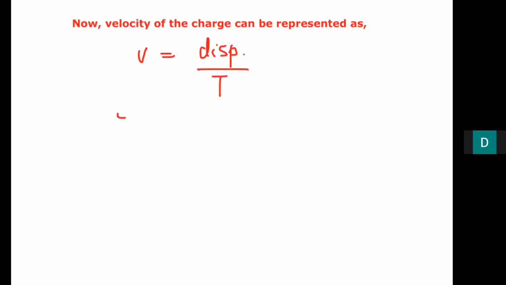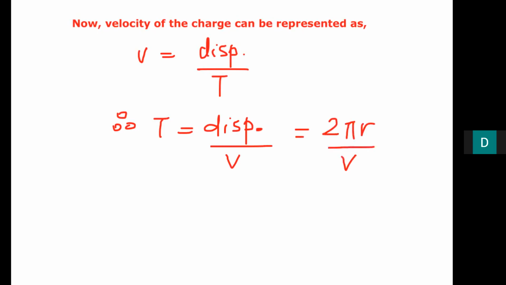So we can write time is equal to displacement upon velocity. Since the distance traveled here would be 2 pi r, as it is around the circumference of the circle, t is equal to 2 pi by v into r. Let us call this equation 4.